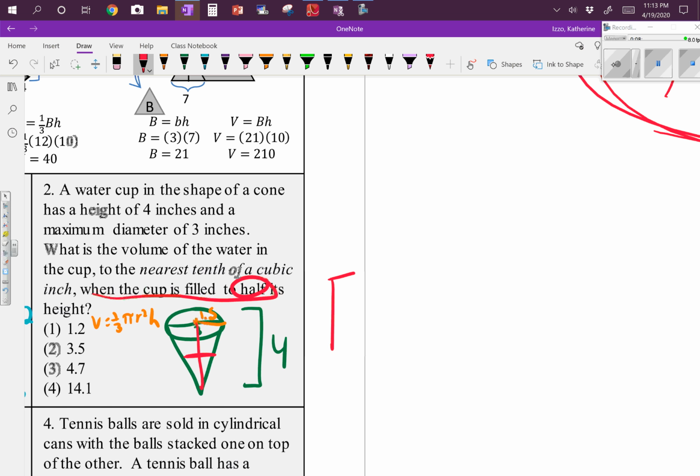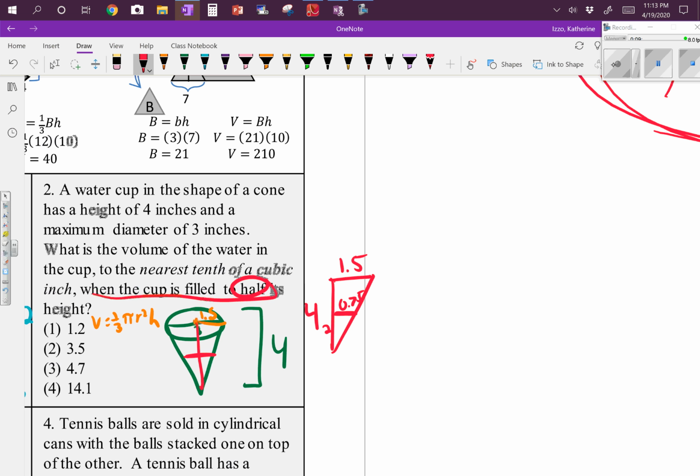And if we look, we just hit a similar triangle proof. Yeah, we did. That's similar triangles. So this is 1.5, and the height starts at 4. When we cut it in half, this goes down to 2, and this guy goes all the way down to 0.75. 0.75 right there.